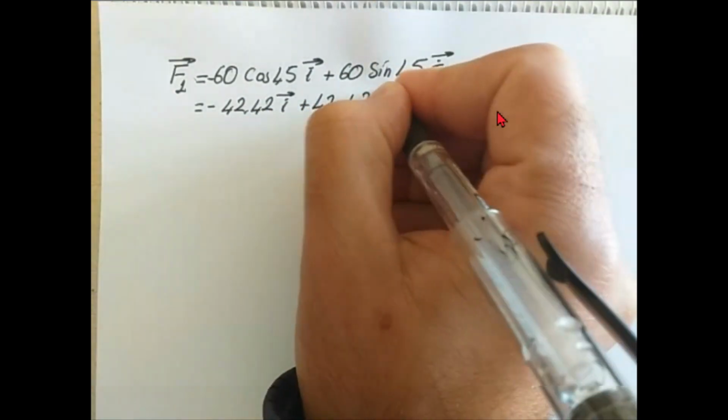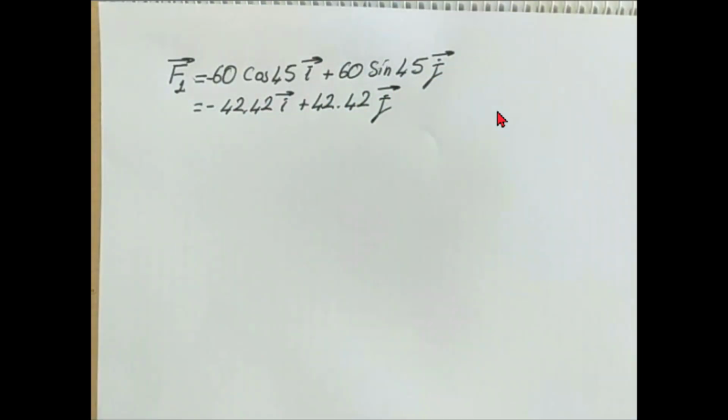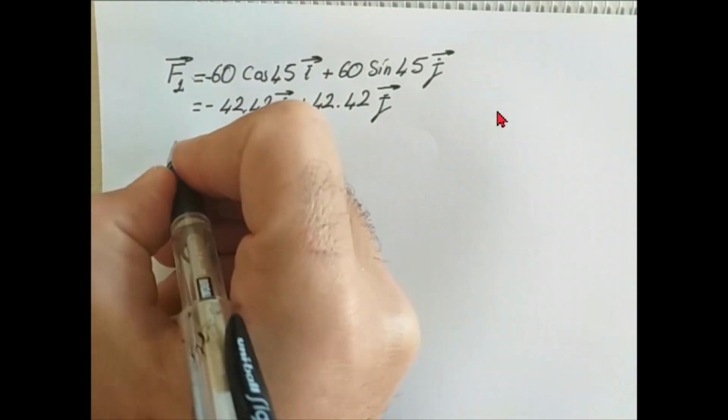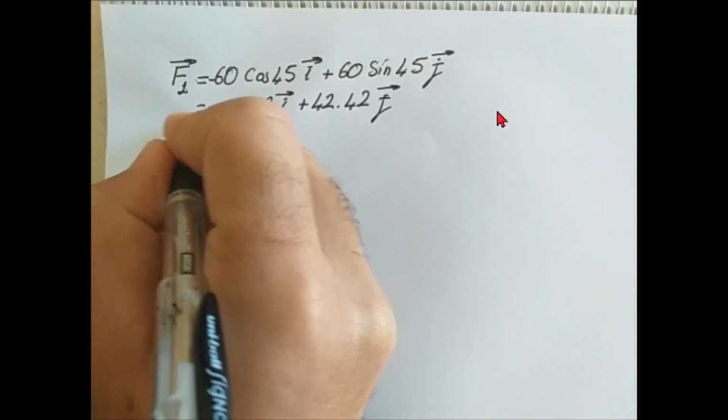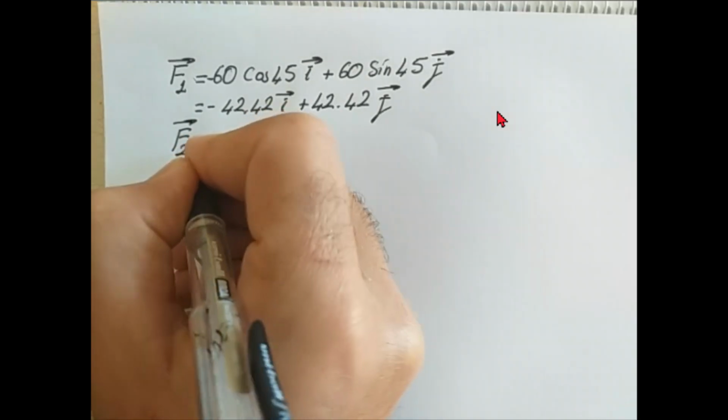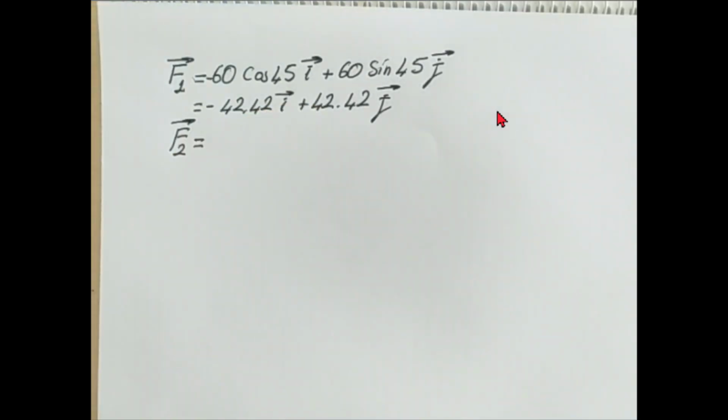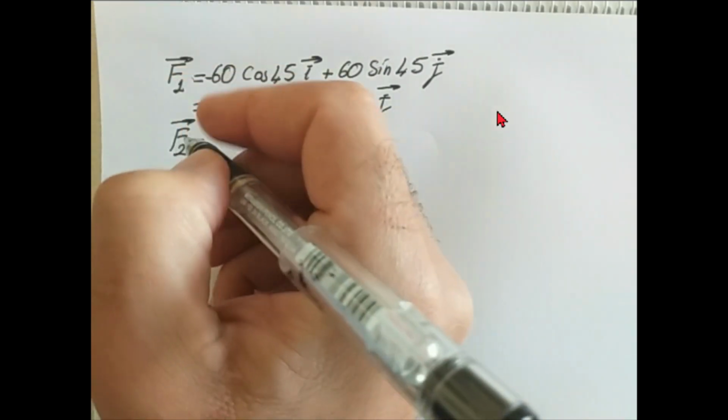Okay, now let's write the F2. Now in case of F2, it is negative in both x and y directions. Its magnitude is 70 newtons, and it makes an angle of 60 degrees with respect to the y-axis.